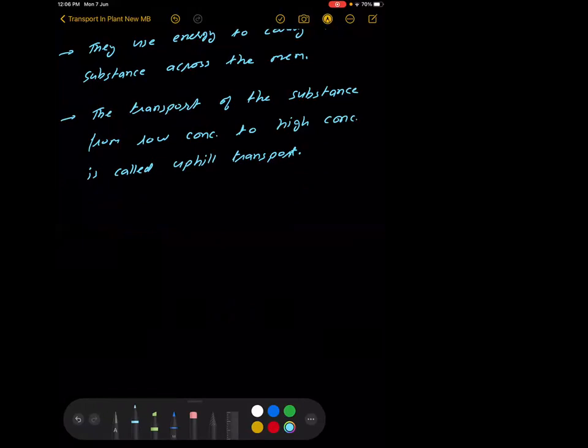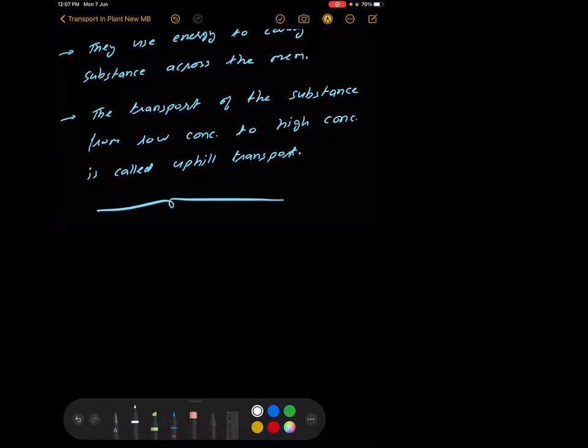Next. Osmosis. Before osmosis, different types of permeability. Permeability of membrane, then hypotonic solutions. Let's start with hypertonic. What is hypertonic solution?